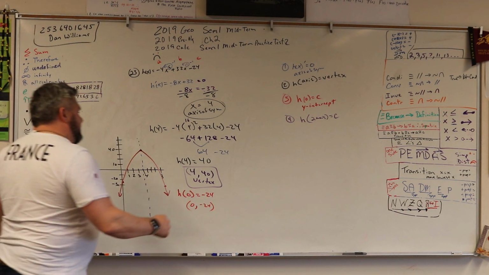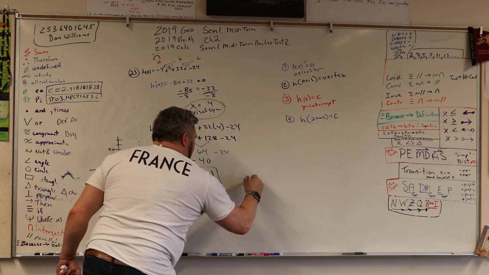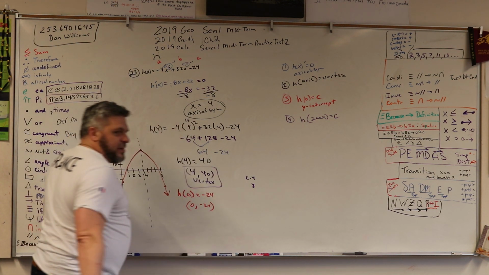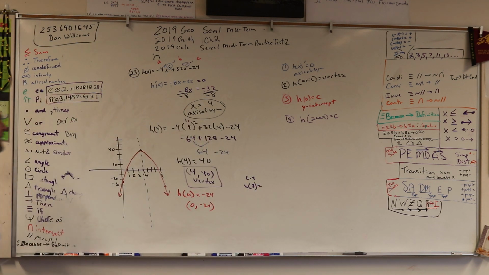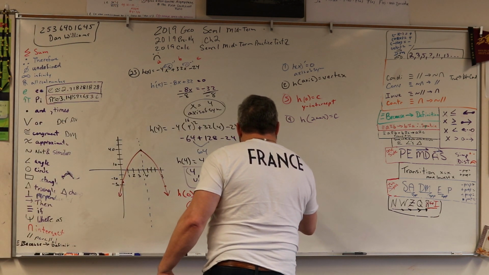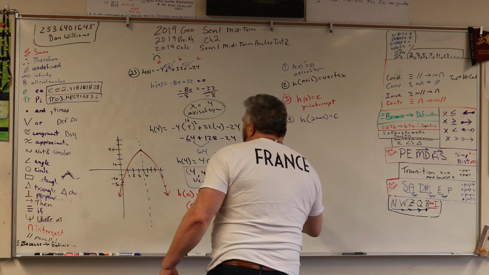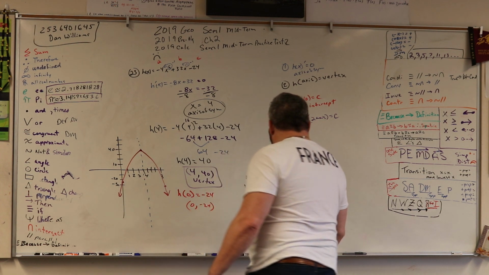So I'm going to take 2 times the axis. What's 2 times 4? 8, right? And take h of 8, and I'll plug that in. I'll get negative 4 times 8 squared plus 32 times 8 minus 24, right?